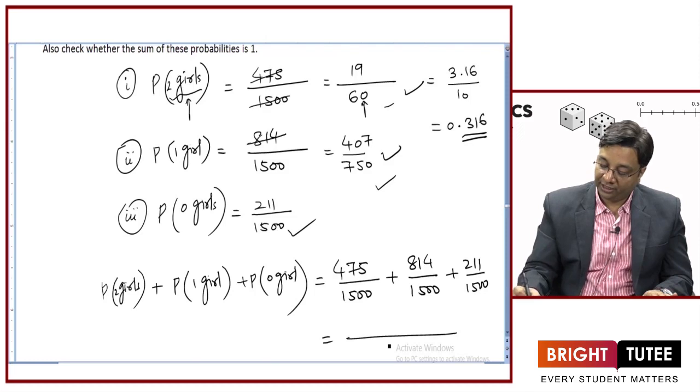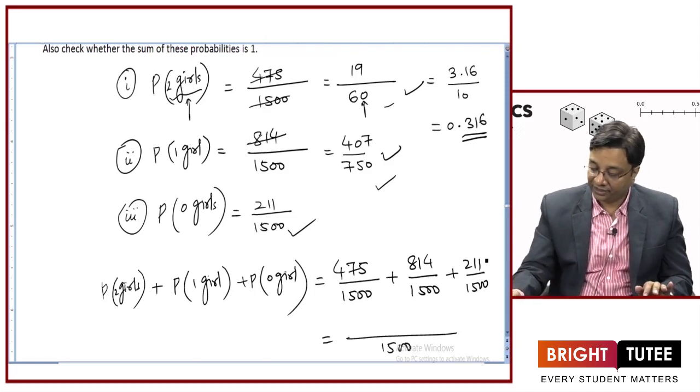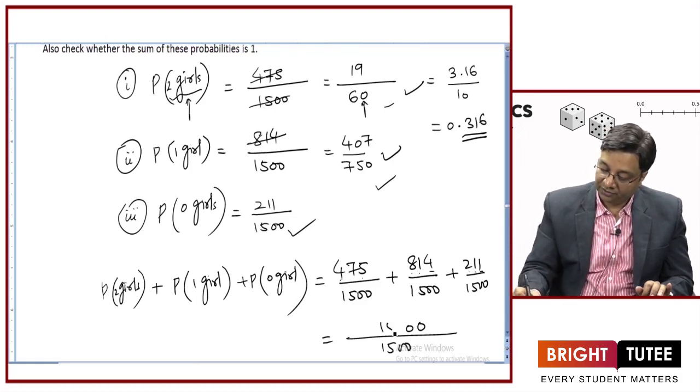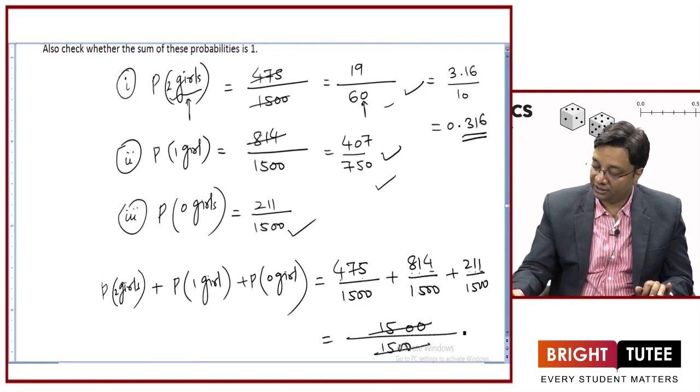The denominator is 1500, right? Let's check the numerator. 1 plus 4 is 5, 5 plus 5 is 10. So 2 plus 1 is 3, plus 7 is 10, 3 plus 8 is 11, plus 4 is 15. So 1500 by 1500 is equal to 1.